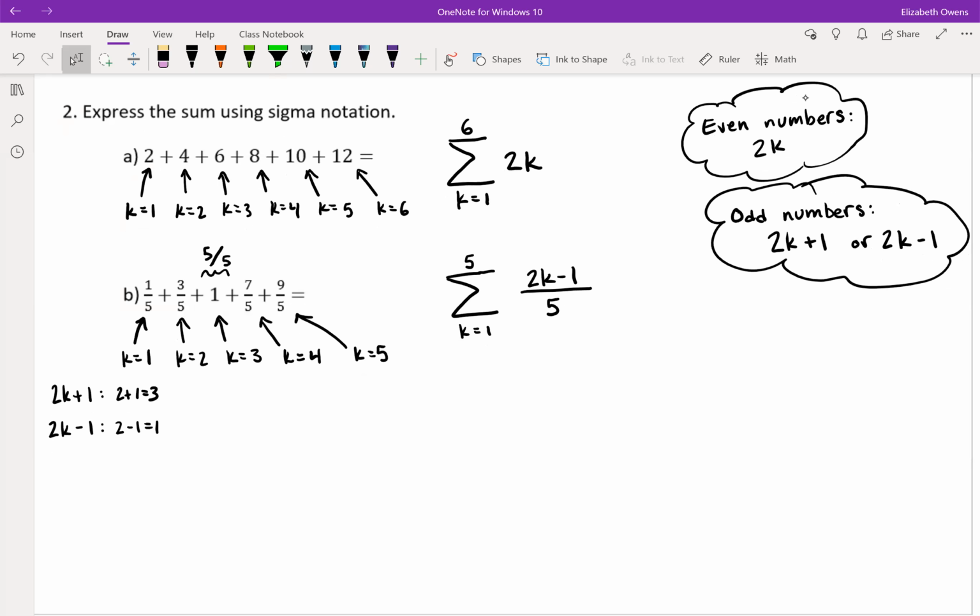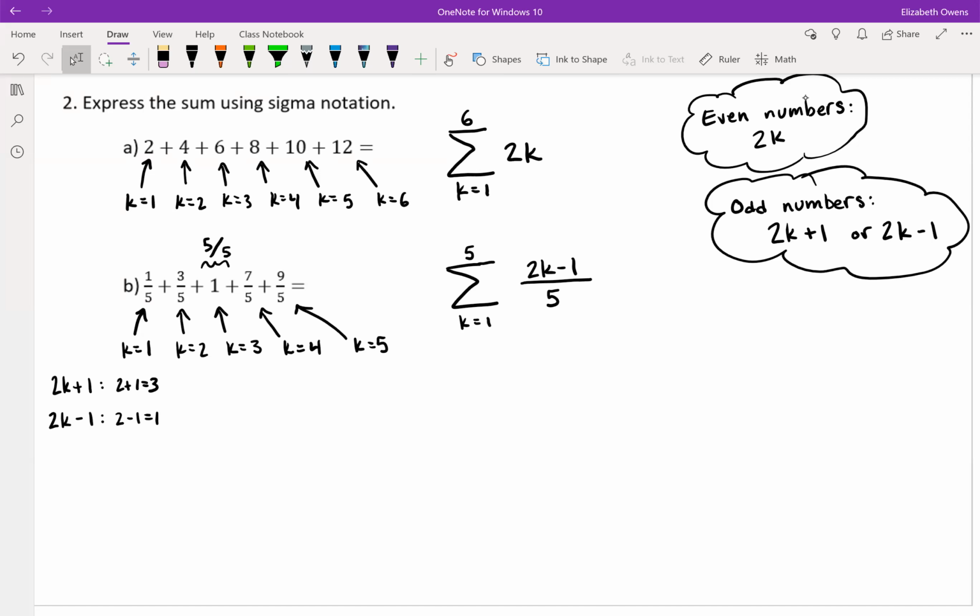Let's see. We also want to play around with those other starting indexes that you guys mentioned here. One of them was k equals 0. Okay. So k equals 0, then we'd go to 1, k equals 2, 3, and 4.